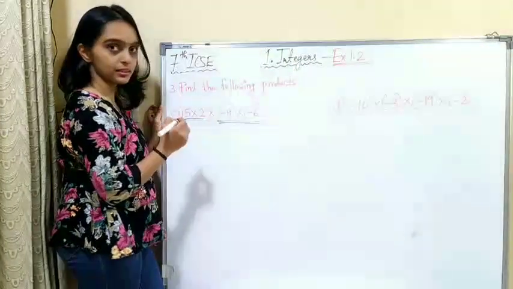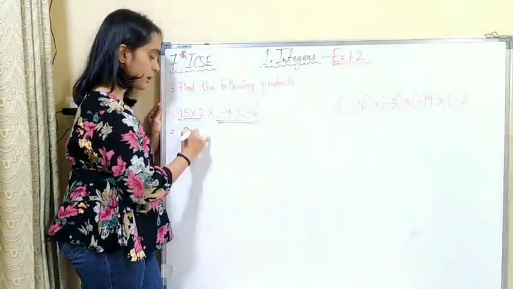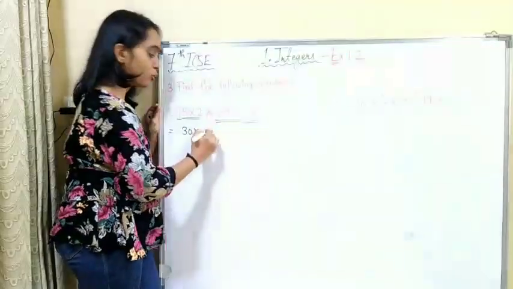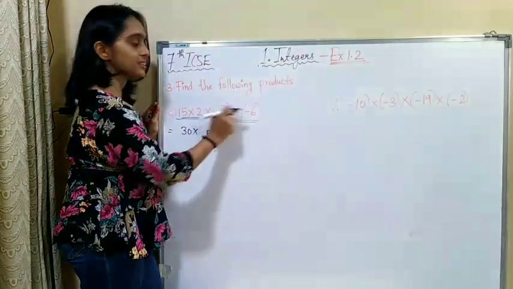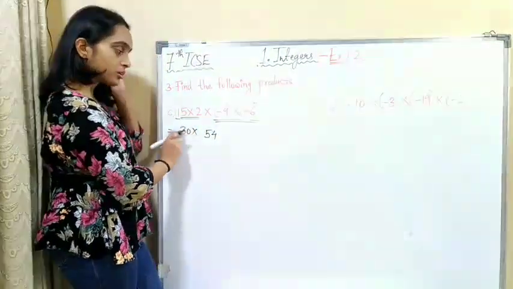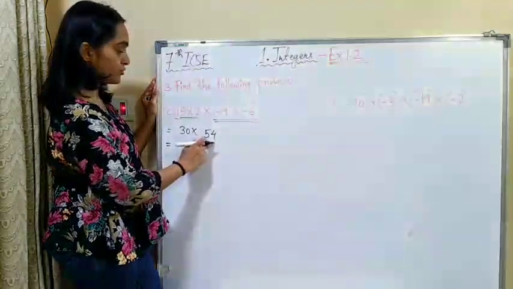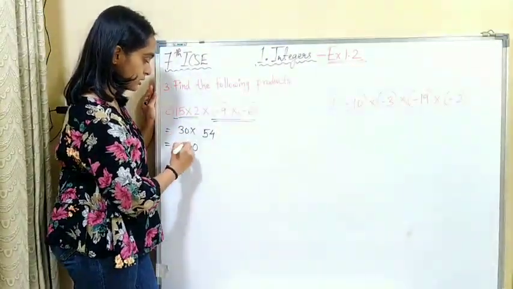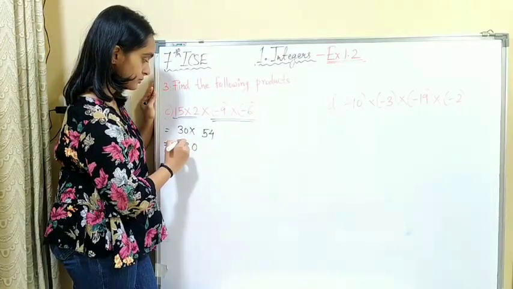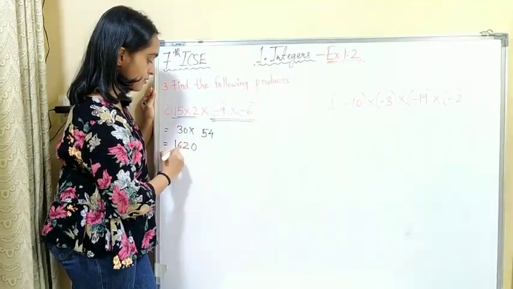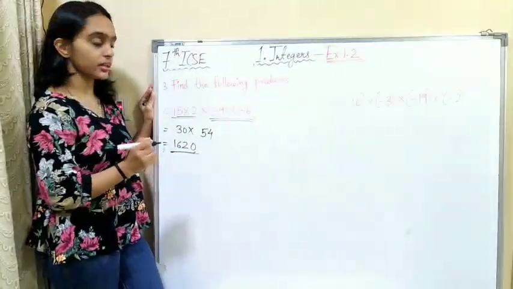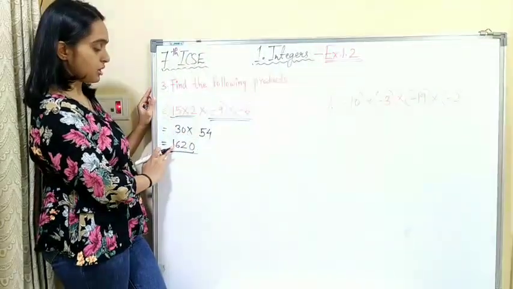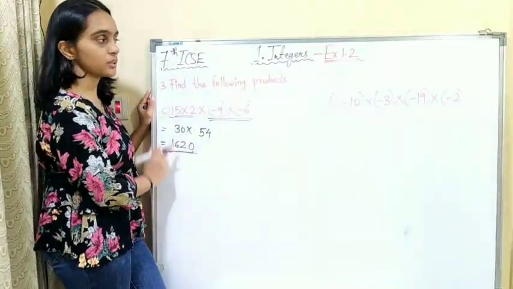So we will find the answer as 15 2s is 30 multiplied by 9 6s is 54 and minus minus is plus. So you get here both positive. Then 54 multiplied by 30 gives you 1620. Okay, and here positive is there. Answer will be positive only.